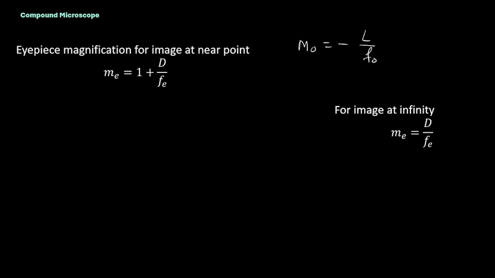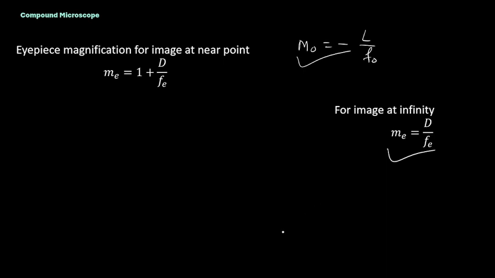So here we have two magnifications in a row. The first magnification produced by an objective and second magnification produced by an eyepiece. These two magnifications combine together to produce a total magnification achieved by two converging lenses together, which is the compound microscope. So total magnification is the combined effect of these two magnifications.